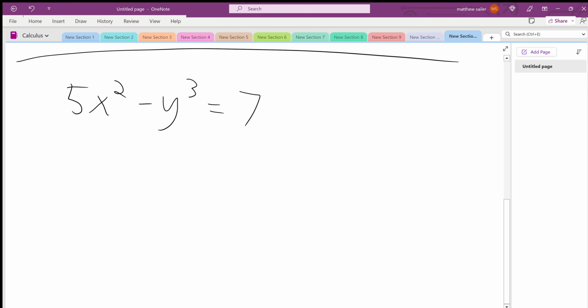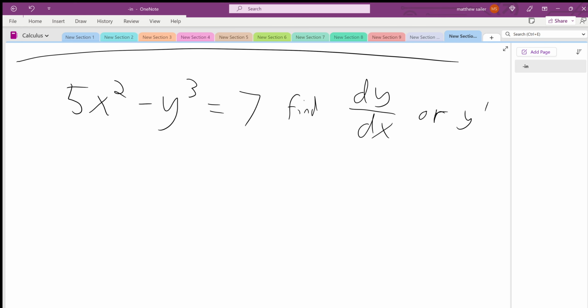Now these problems are going to be worded in that they want you to find something like dy over dx. So they'll say find dy over dx, or find y prime. So that's what it's going to want you to find.